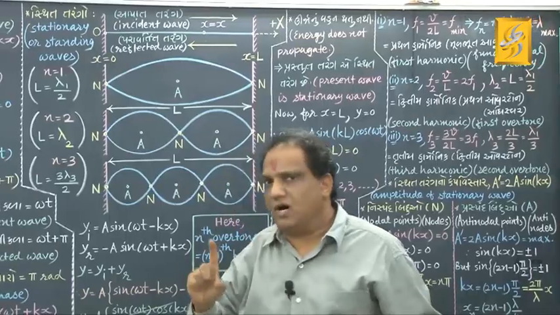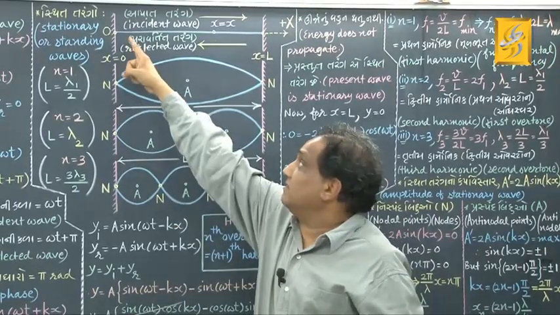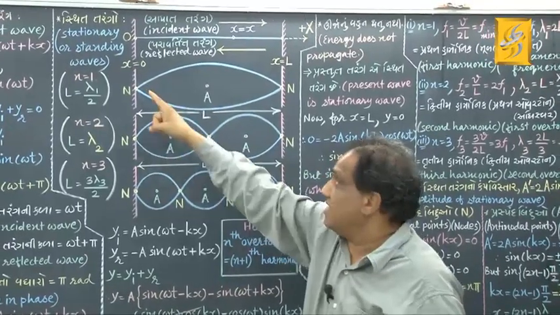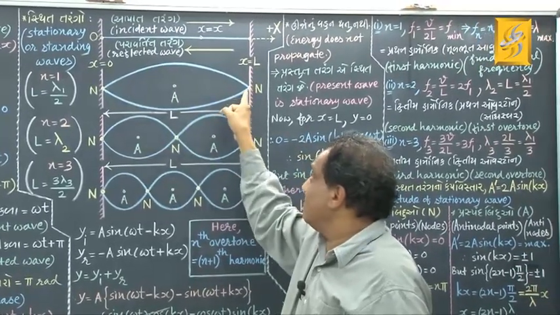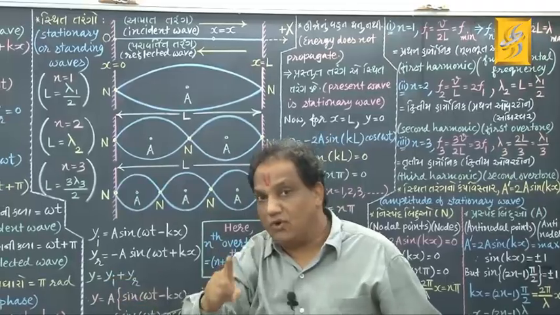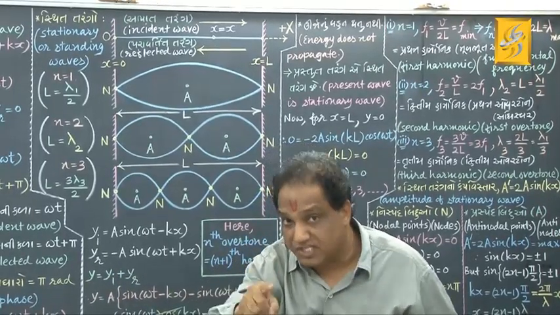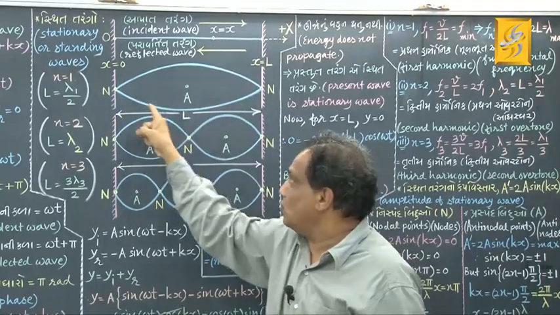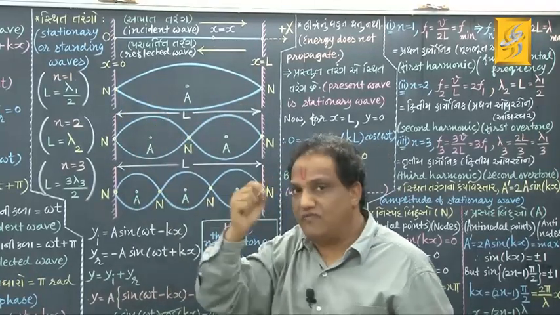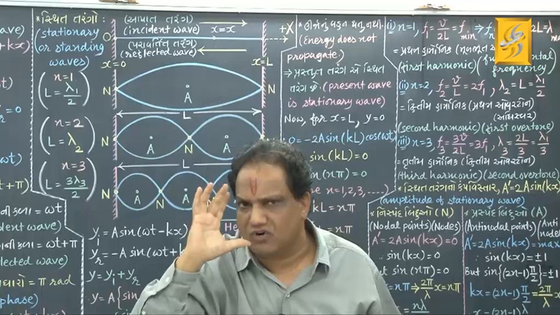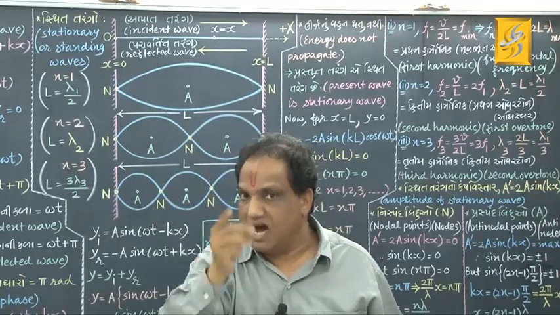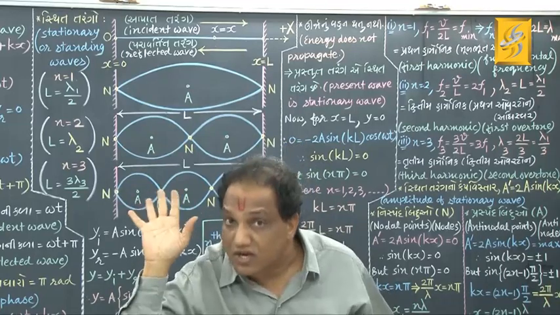Actually the string is only one, but it vibrates so fast that at a time we find it here and at the same moment we find it here also. According to the law of persistence of vision, we find as if there is a closed loop. This pattern appears stationary in front of your eyes. That's why the waves produced in this string are called stationary waves.